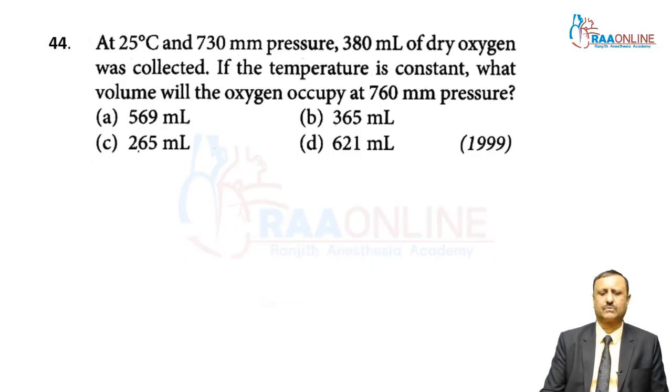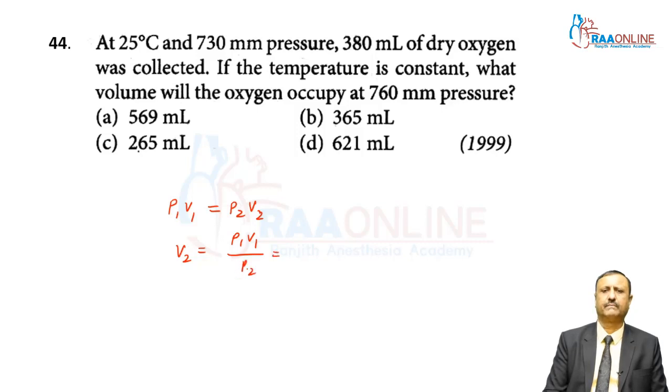Now my dear students, question number 44. At 25 degrees Celsius and 730 millimeter pressure, 380 milliliter of dioxygen was collected. If the temperature is constant, what volume will the oxygen occupy at 760 millimeter pressure? My dear students, you can put the formula P1V1 is equal to P2V2. Here we can calculate V2, which is equal to P1V1 upon P2.